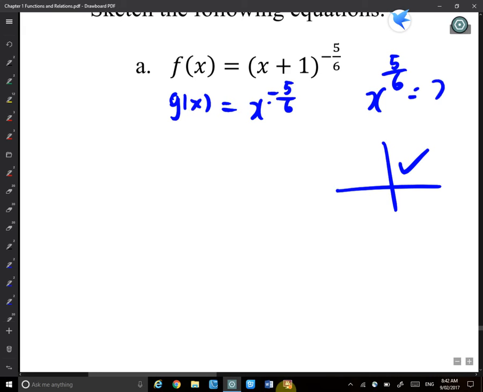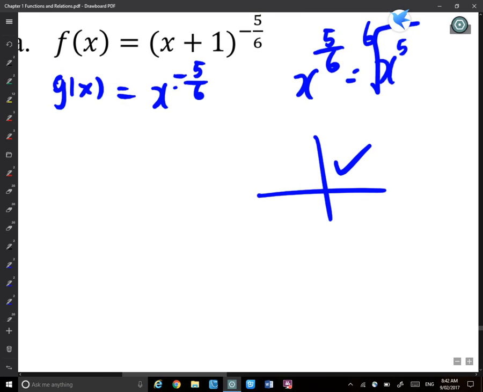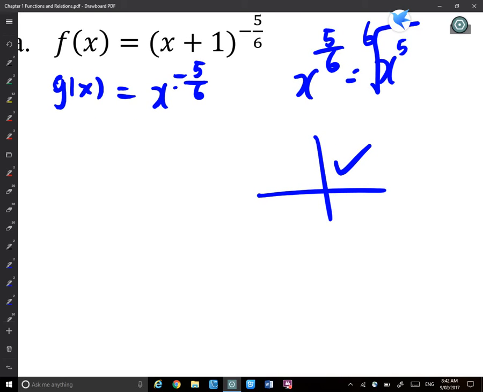This equals the sixth root of x to the power of 5. If x is positive, you always have a positive value in the first quadrant. If x is negative, a negative value to the power of 5 is still negative, but now you want to take an even root. You cannot take an even root, so you don't have a graph for negative x values.